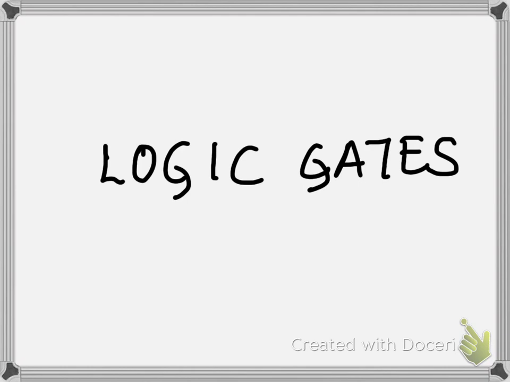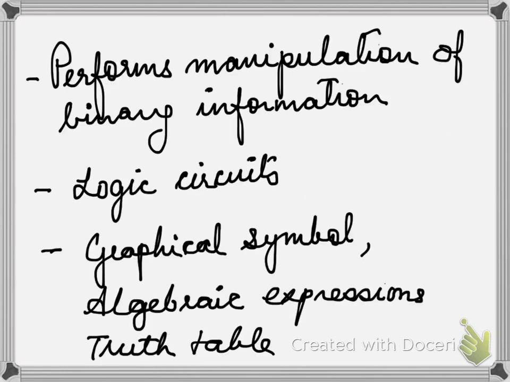The working of the gates depends upon the various operations. To manipulate binary information, we have these logic gates. They are nothing but logical circuits which build up the hardware.